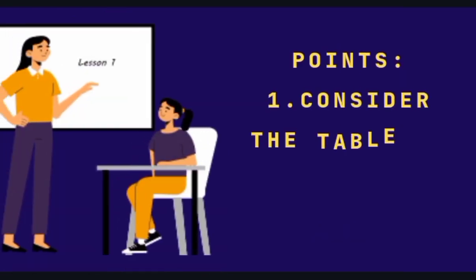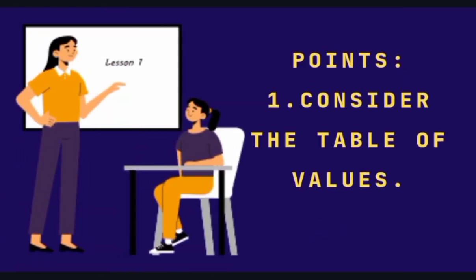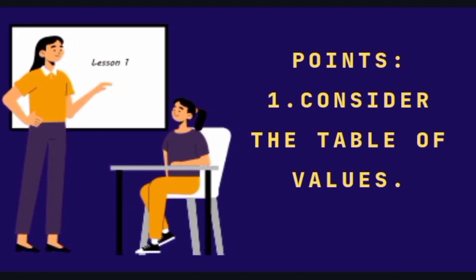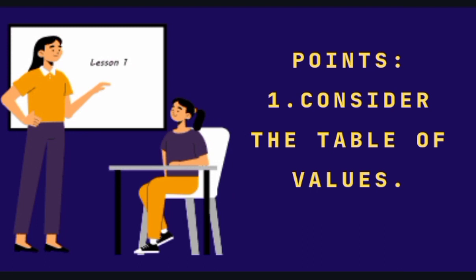Let's say, for example, you want to draw your house on your piece of paper. Your house is bigger than the paper, but you can still do that considering some things. And one of those points you consider in plotting a graph is to consider the table of values, which you are going to see later on.